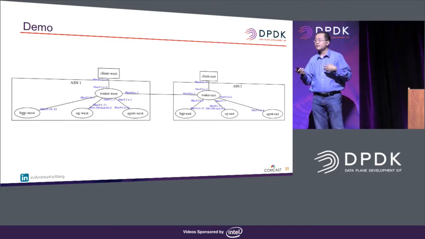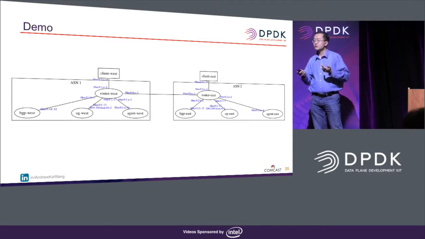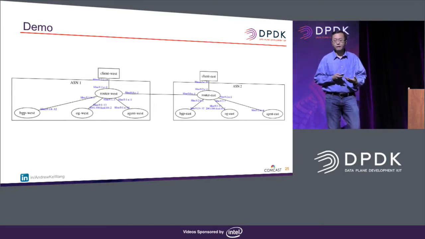And the routes that they are advertising are these. They will say that if any client node needs to reach an IP address starting with 2001, the router would forward to the OG node that is closest to it. So this BGP node would say, okay, if your West client comes to you and wants to go to this IP address, then you will forward to this OG West node. Now, OG West is where we wrote our DPDK app.